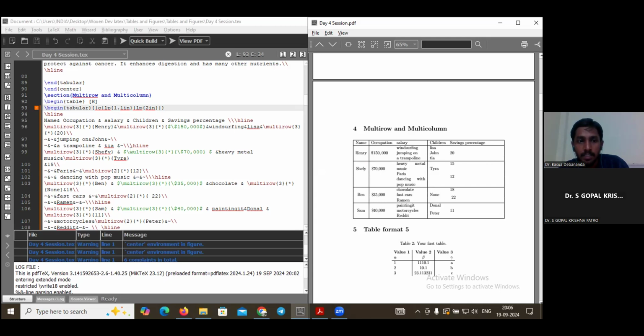Then \multirow{3} 70,000, that is also in three rows. Then ampersand heavy metal music and \multirow again; the metal will be divided into 3 rows. Whatever rows you want, you can divide into those things. Don't worry about that.